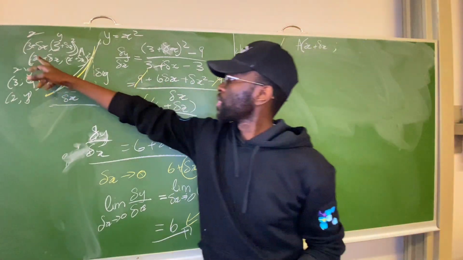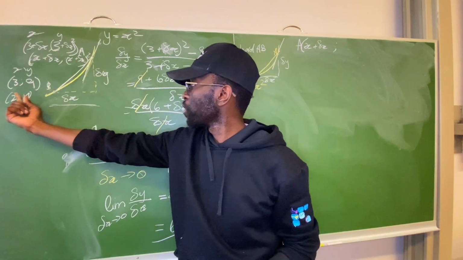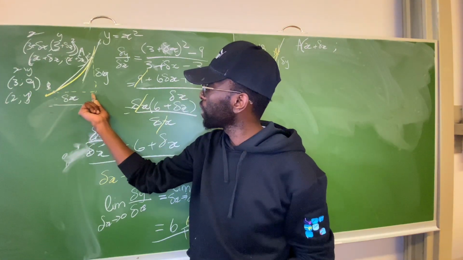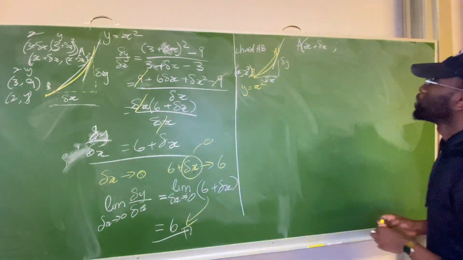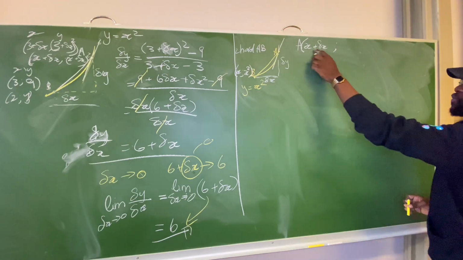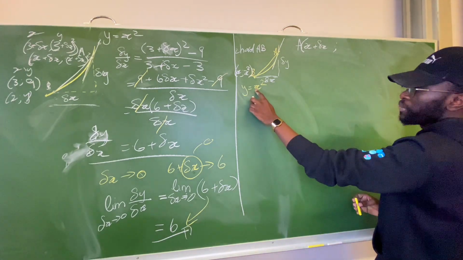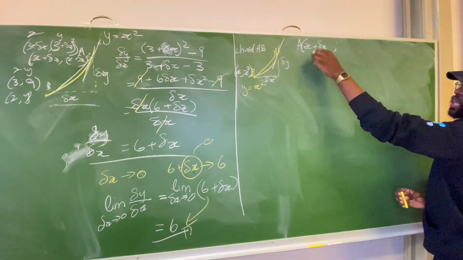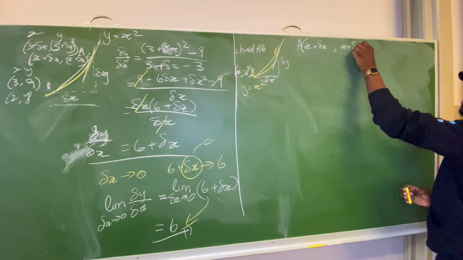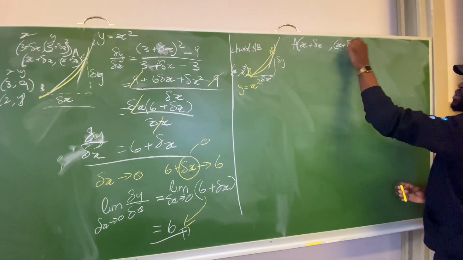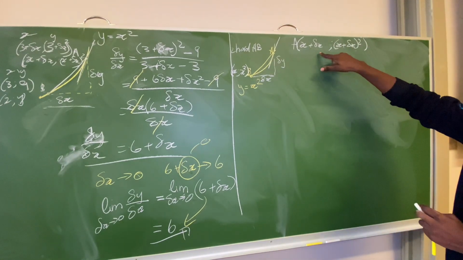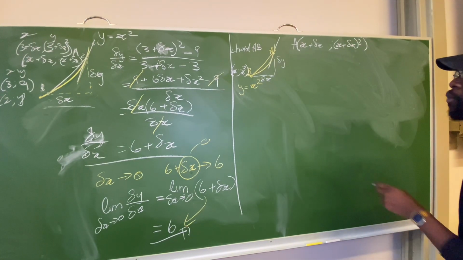The same way we have 3 plus delta x, because it was 3 and then it moved to A and became 3 plus delta x. The value of y will be the x value squared, so x plus delta x squared. That's our coordinates for A.